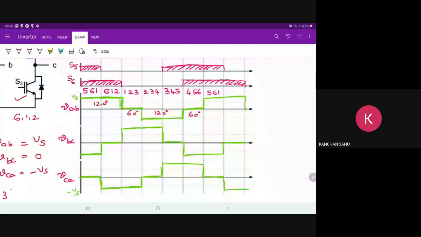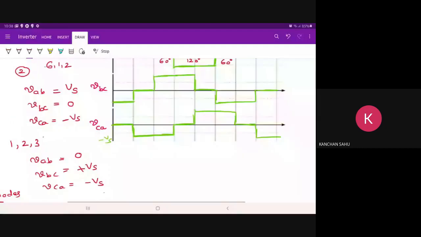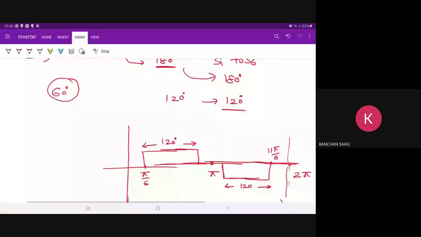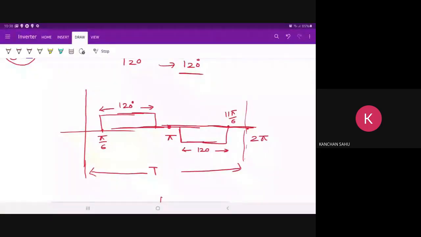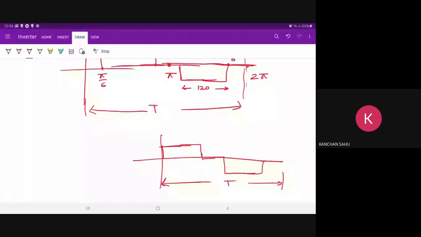I just changed this to look more symmetrical, so both forms are the same. I just arranged this into a symmetrical one. This is the same thing: 120 degrees, 60 degrees, 120 degrees, and 60 degrees. So both of these are identical.